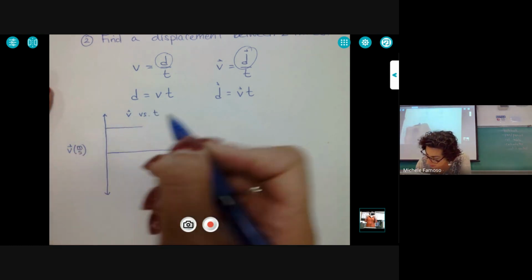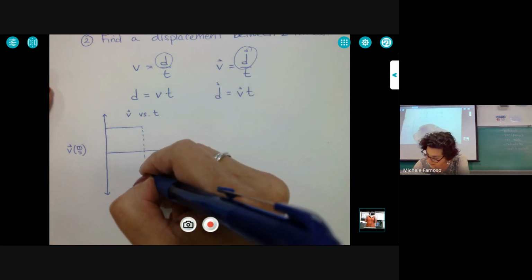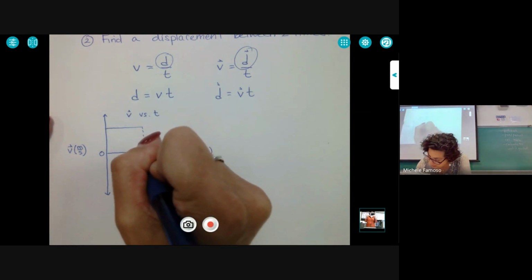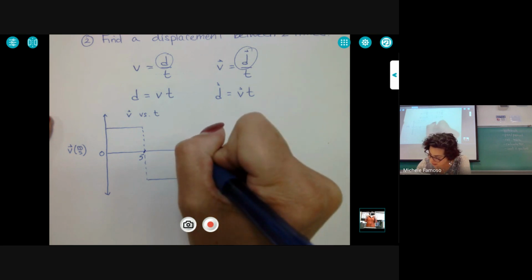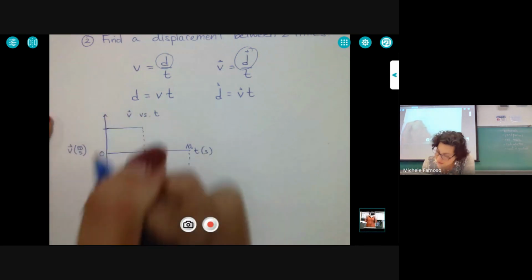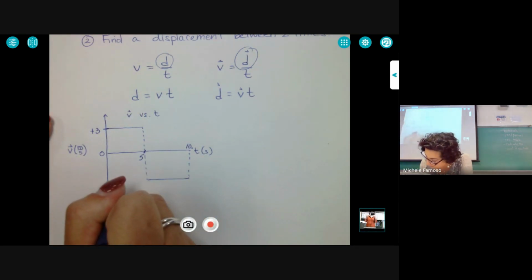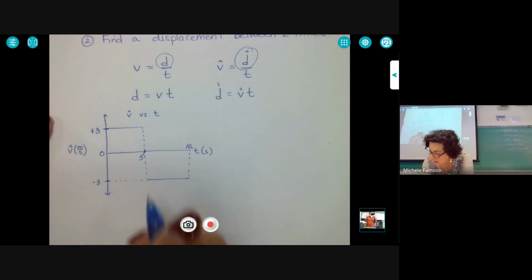Let's put two horizontal lines on this graph. There's a 0 velocity. Let's say this is at 5 seconds, and that time point there is 10 seconds. Let's say that this y coordinate is +3, and this y coordinate is -3.